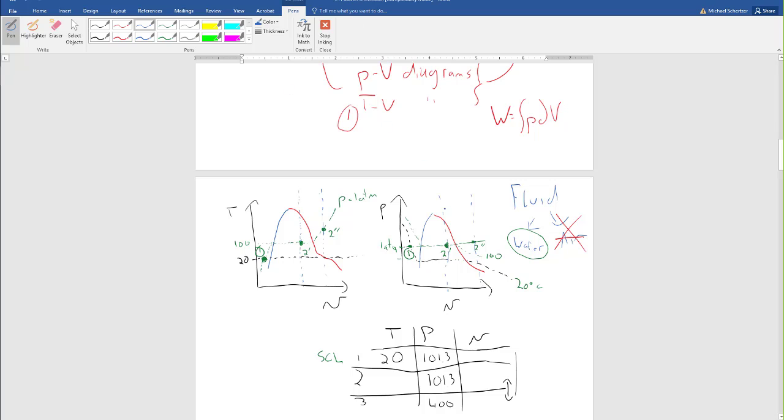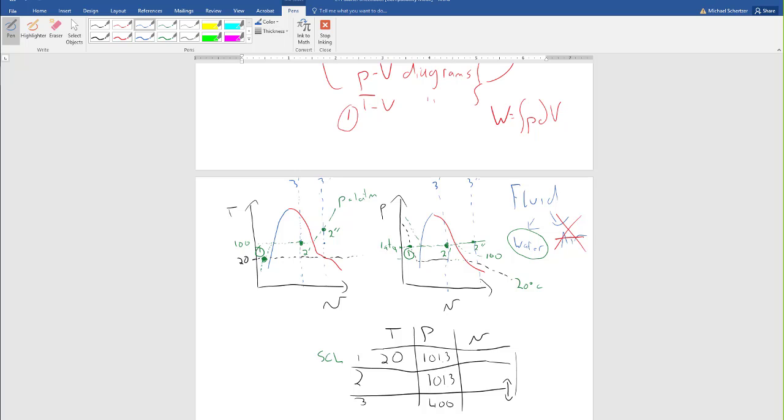So now state 3 is a 3 prime somewhere on this line, and 3 double prime would be somewhere on this line. We don't know exactly where this point is, but I know it's got to be vertically up or vertically down from this line. So this didn't help me a ton, but it helped me at least a little bit.